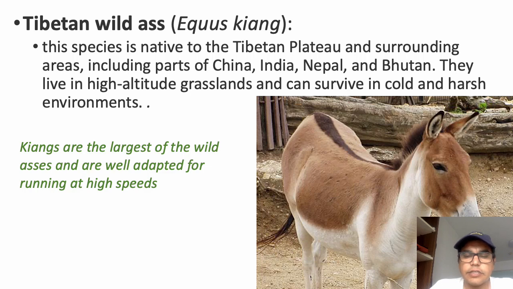The salient feature is that it can also survive in harsh environmental conditions and at high altitudes as well. Their height is greater compared to the previous species we have discussed, so they are adapted for speed as well, just like the modern domesticated horse.